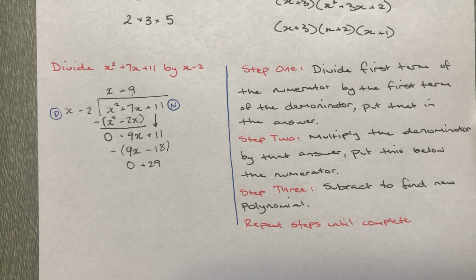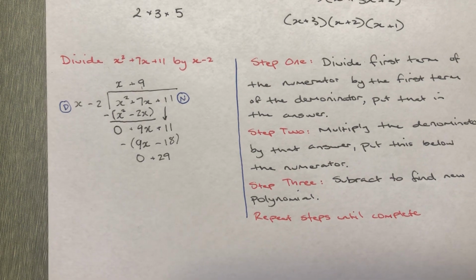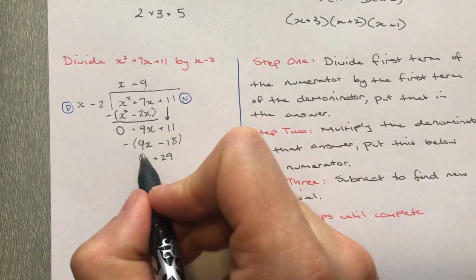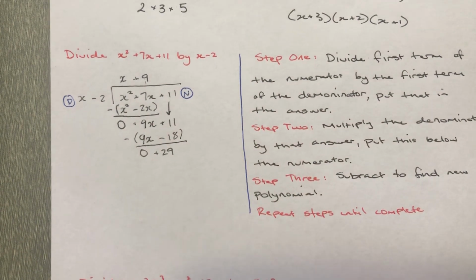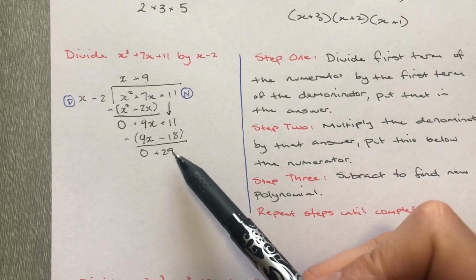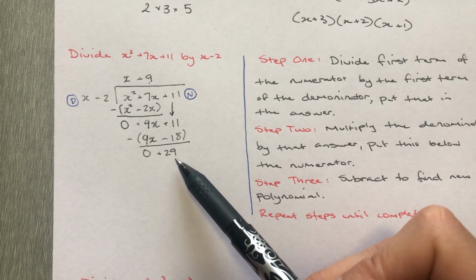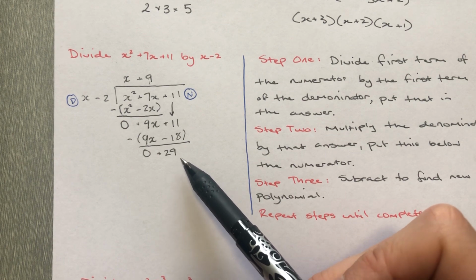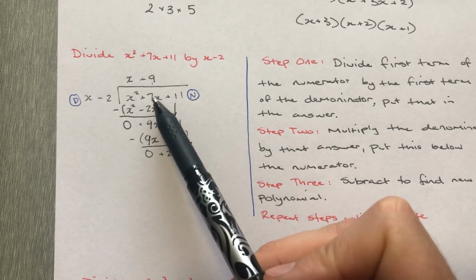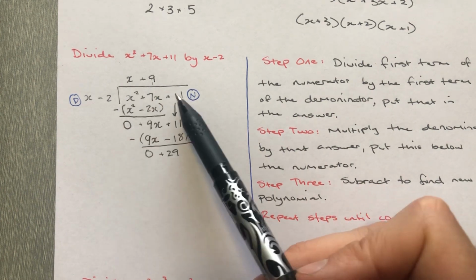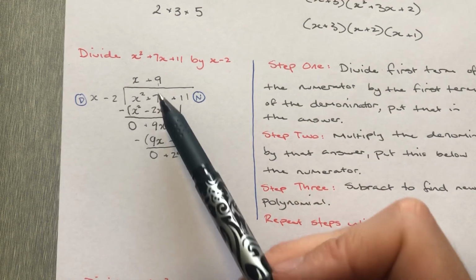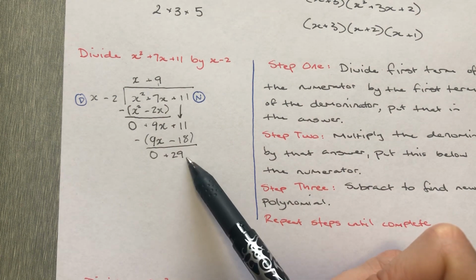Sorry about that, guys. I thought I made a mistake there, but I think I'm all good. Yeah, so that gives us plus 29 down here. Now we can't really do a whole lot with this 29. That's actually our remainder. So if we divide this by this, our answer is up here, and this is our remainder.